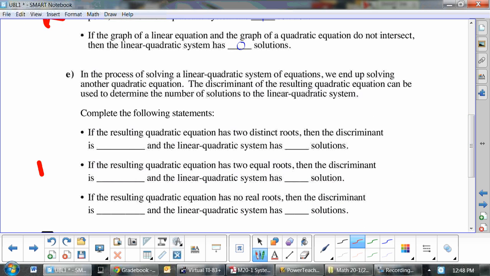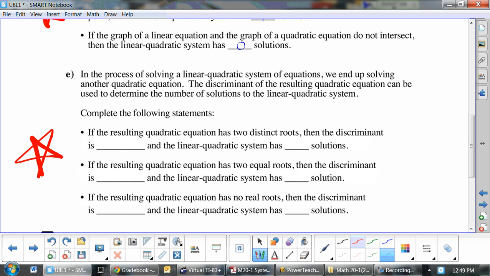Okay? So, the second part to this, though, is if you had a question that was asking, instead of asking, oh, what are the coordinates, if it just said how many solutions are there, or how many intersects are there, you don't have to solve the entire system. Okay? So you can use the quadratic formula to help you.